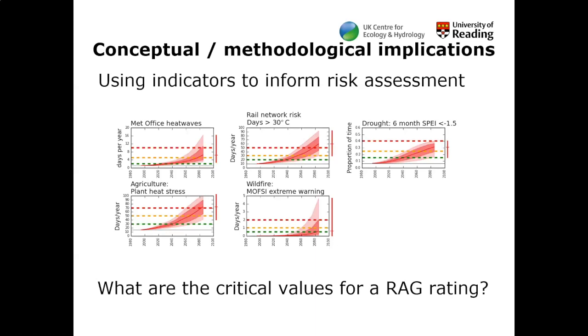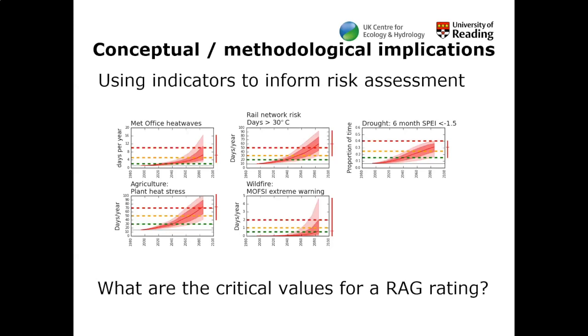So for example, what I've put on this plot here are some boundaries where we might think are critical values, critical changes for a RAG rating, a red, amber, green type rating. So what will be a red impact? What will be a green level of impact that we're not too worried about? What will be an amber level that we're a bit concerned about, and so on.